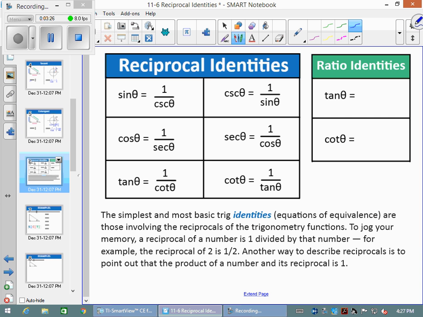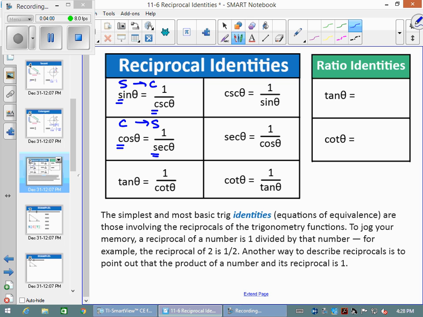Okay, so the reciprocal identities, if we just have them all out in front of us, just think about these. Sine and cosecant go together. Cosine and secant go together. It would be nice if the s functions went together and the c functions went together, but unfortunately it is opposite. So cosecant is the reciprocal to sine, cosine goes with secant, but the tangents do stay together in their relationship of reciprocals.